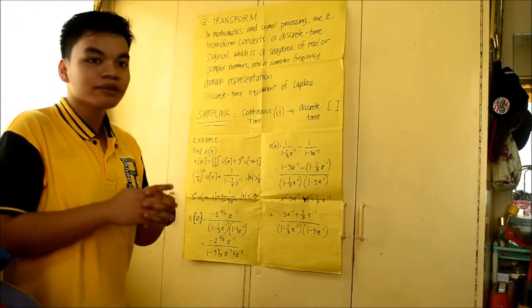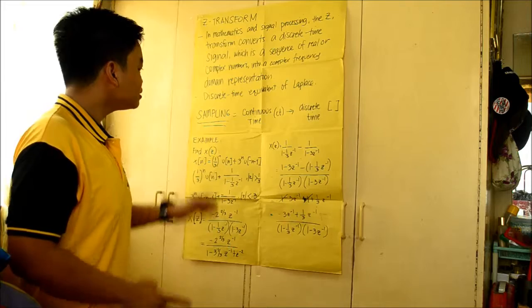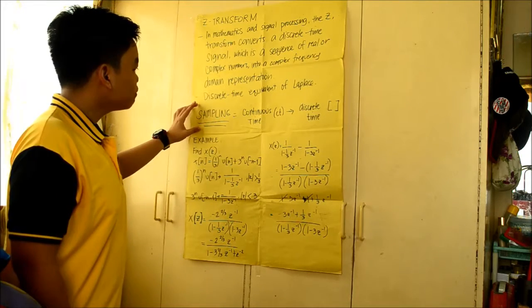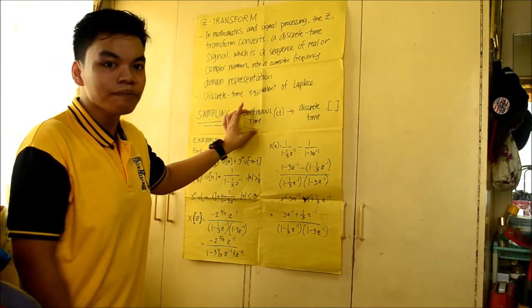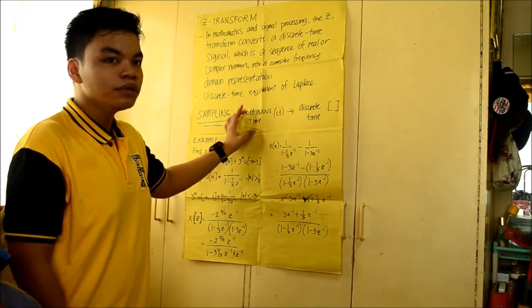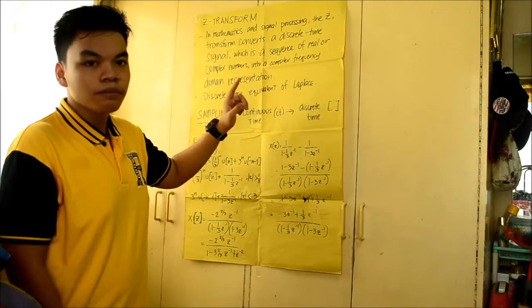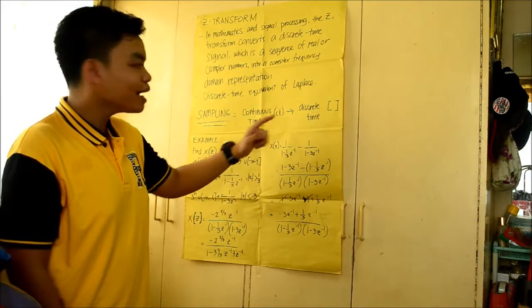Z-transform is a discrete time equivalent of Laplace, and sampling is equal to the transformation of continuous time to discrete time. Continuous time is denoted by a parenthesis, and discrete time is bracket.